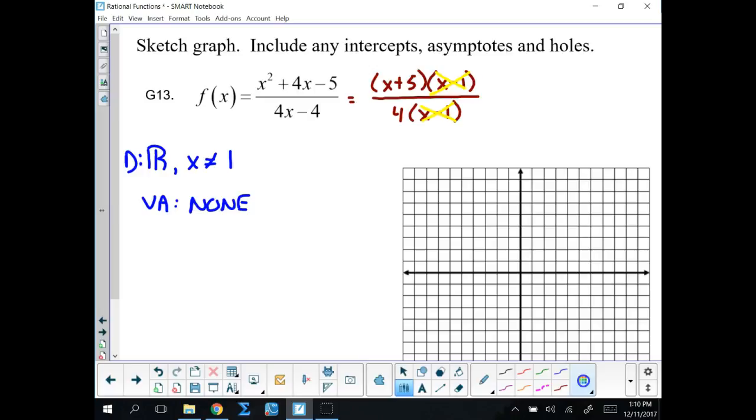So my vertical asymptotes become none. So my function really here then is, let me rewrite it over here. F of x here is equal to x plus 5 over 4. Okay? So then what is my horizontal asymptote? That's a none case too, right?